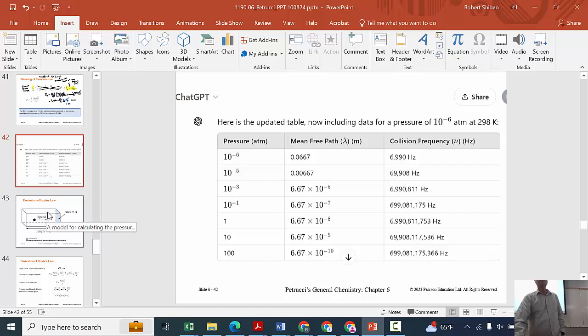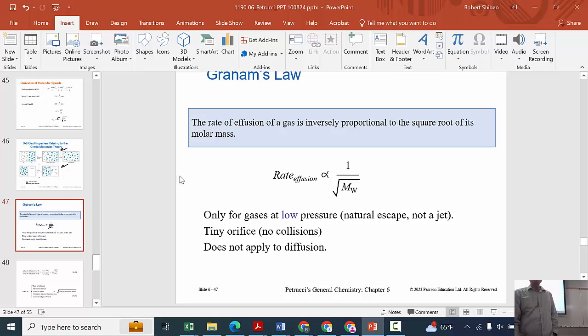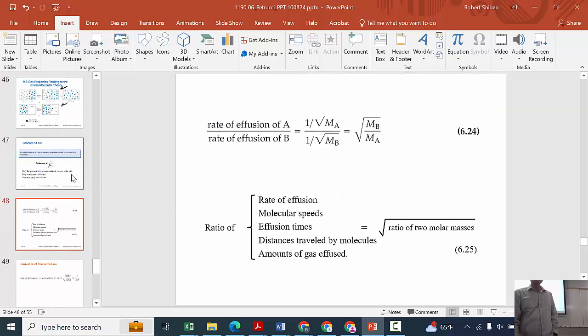Effusion is quite simple. The diffusion problems are all going to be qualitative. If something is moving twice as fast, then it should diffuse twice as fast. The effusion problems are going to be quantitative because the equation is simple. Most of the effusion problems ask how much faster does it effuse.